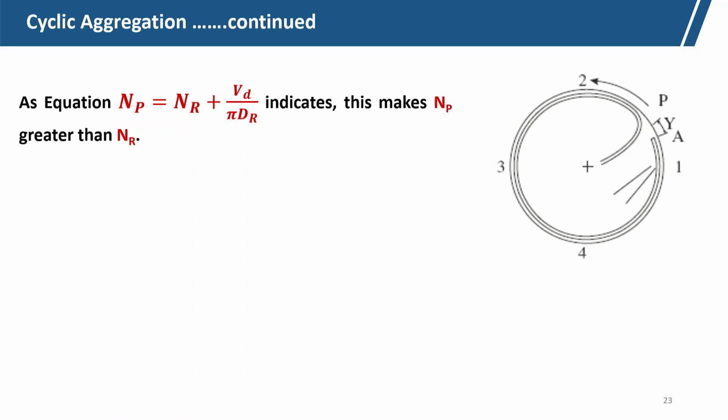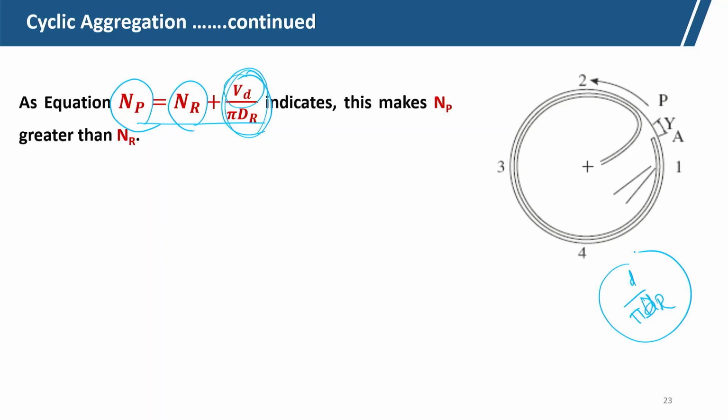Now, the equation we know is that peeling point rotation RPM is the spindle rotation Vd divided by pi dr. So, for the normal withdrawal, this is the peeling point rotation when the rotor is stationary, pi d Vd by pi dr, but the rotor has got rotation RPM Nr.